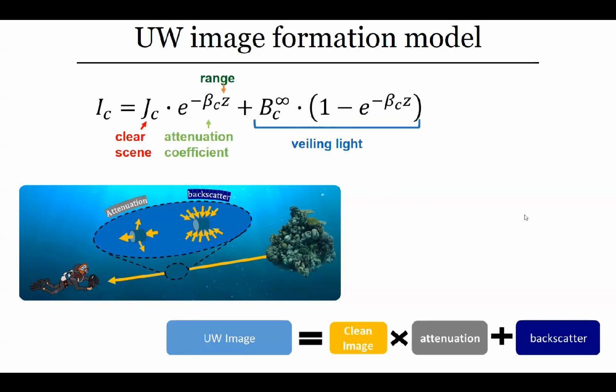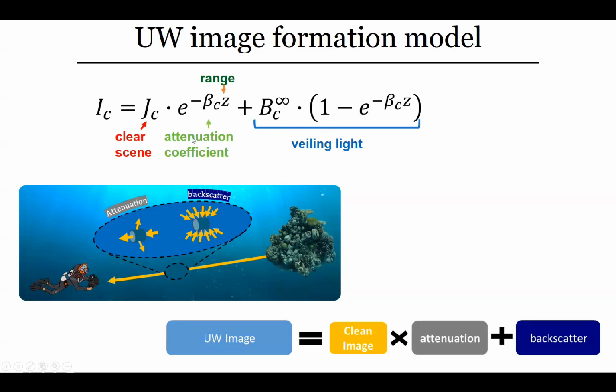And what does it look like in this basic formulation? Again, we have the clear scene. It gets multiplied by this term that accounts for the attenuation. And we have another term here, veiling light. Again, it's this additive light that gets added to the scene.